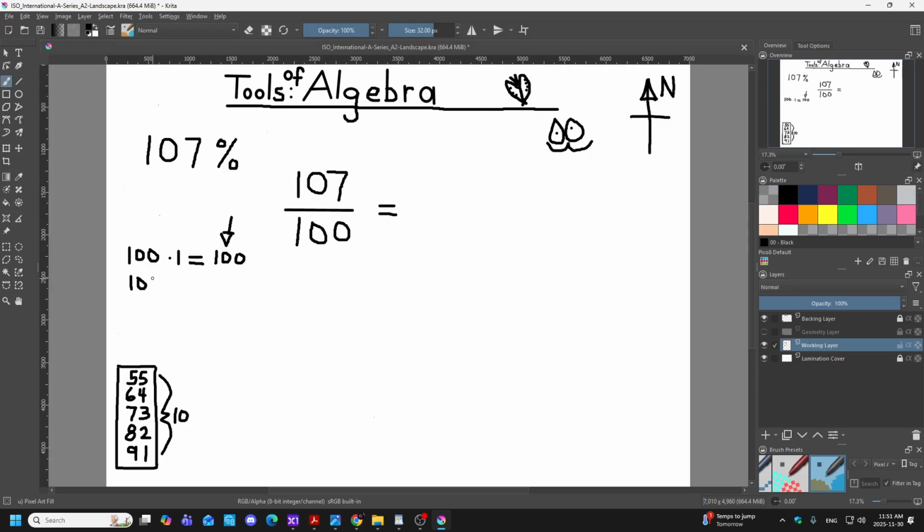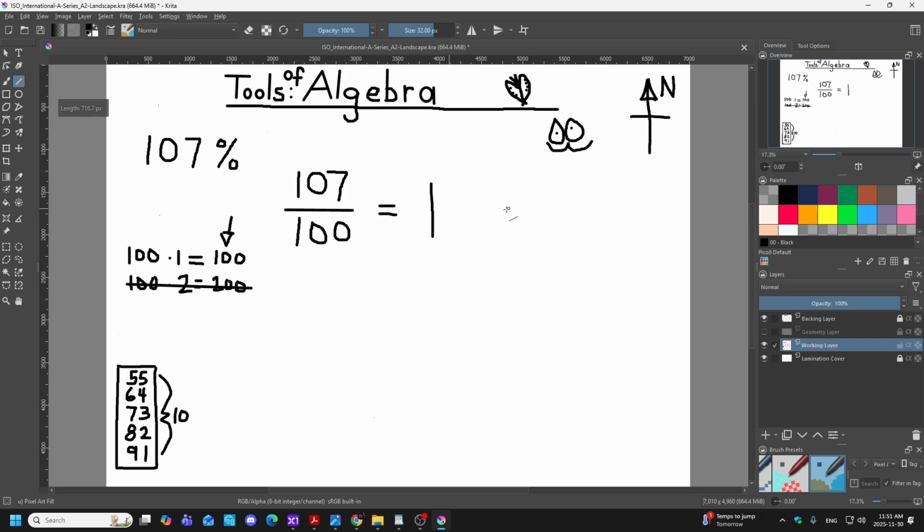If we go 100 times 2, we have 200, which is greater than 107, so that is not it. It goes in 1 time. That is the front of our mixed fraction.